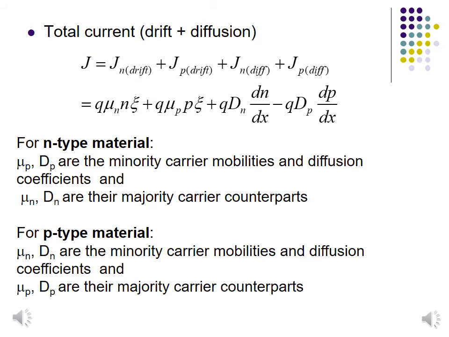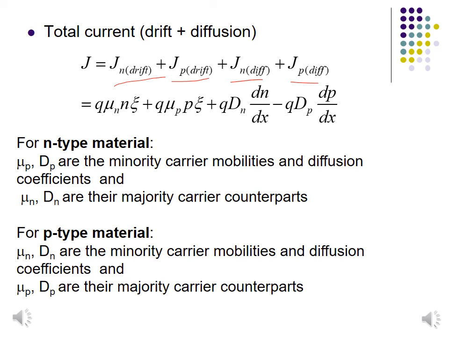Then, combining the equations in the previous slide, we have the equation for the total current density. The total current density equation has four things that need to be considered. We have the electron drift current density, Jn drift, hole drift current density, Jp drift, electron diffusion current density, Jn diff, and hole diffusion current density, Jp diff.